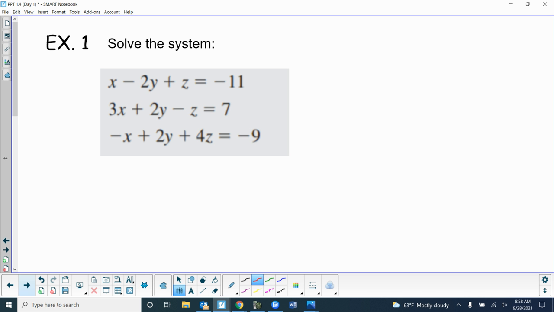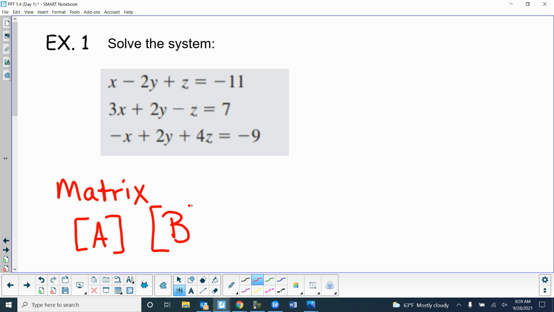We're going to use what we call matrices, or a matrix. And we're going to use two matrices. We're going to use an A matrix and a B matrix to solve. So we're going to have to put certain numbers in for each matrix.